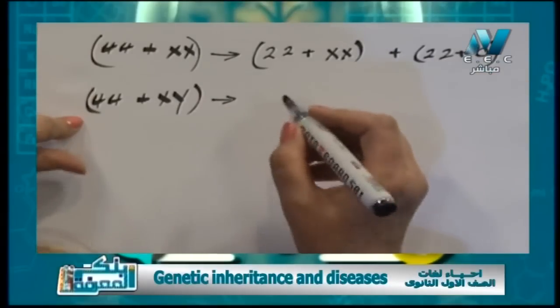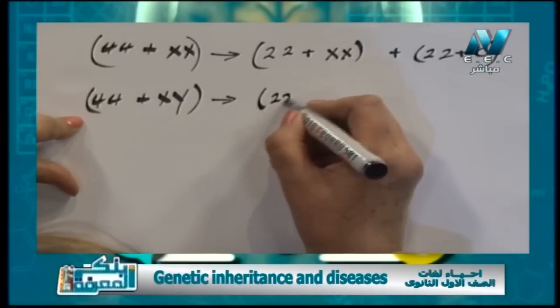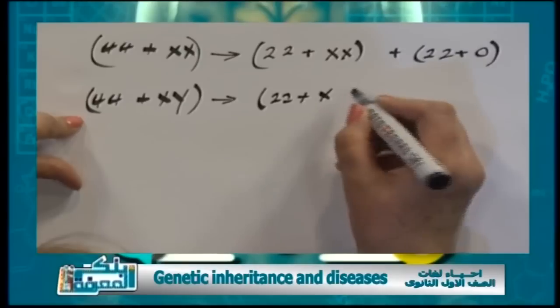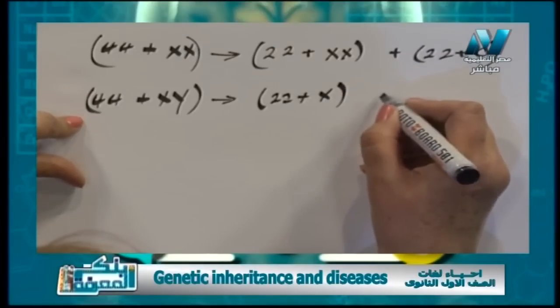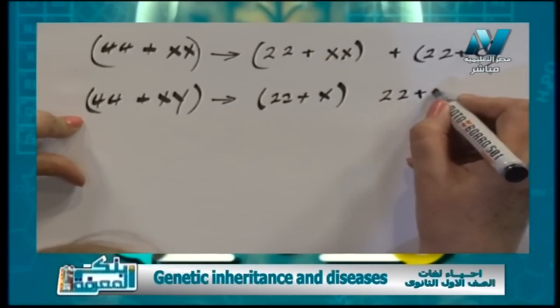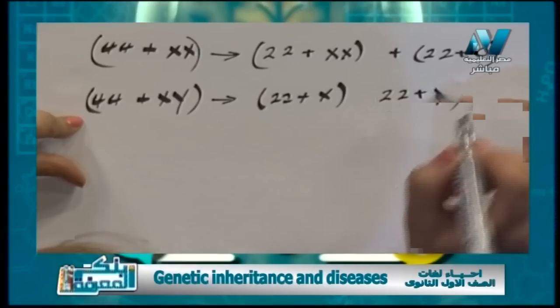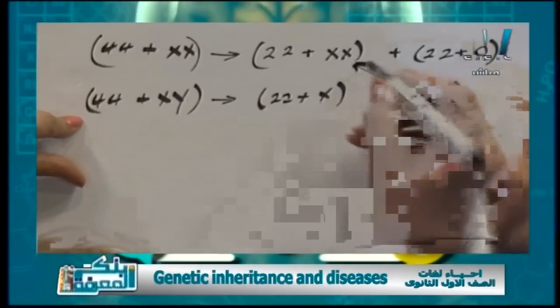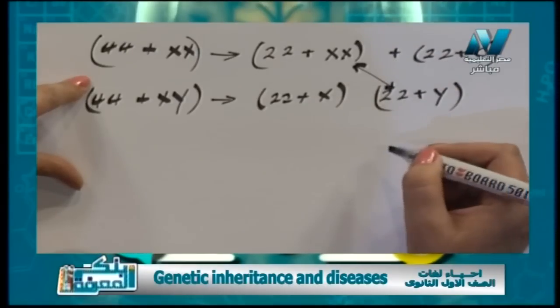And the male gametes will be 22 plus X or 22 plus Y. This gamete fuses with this gamete.